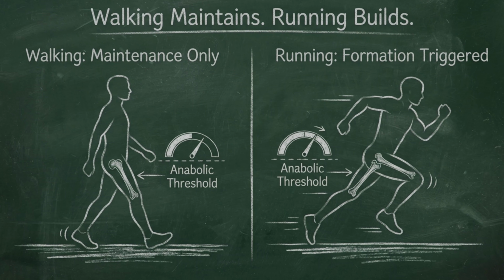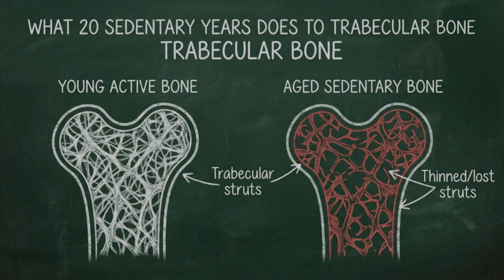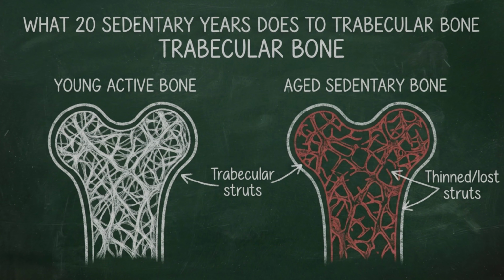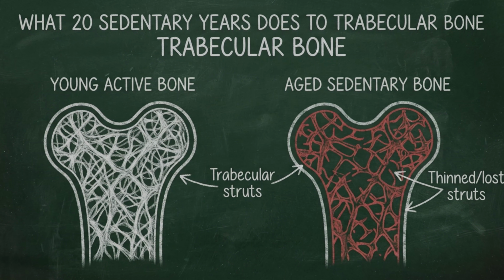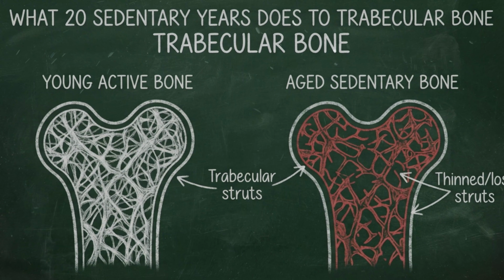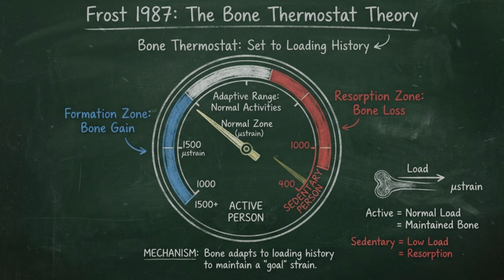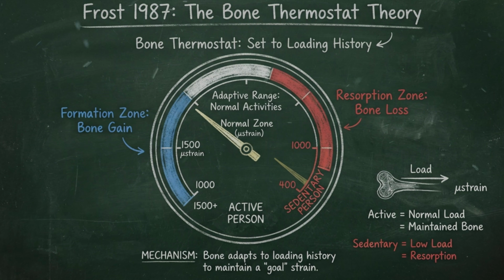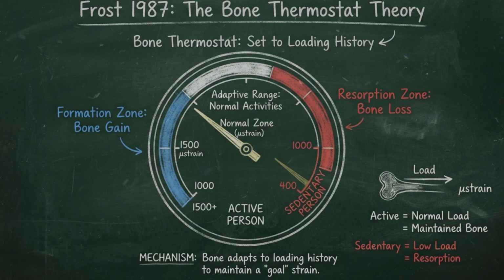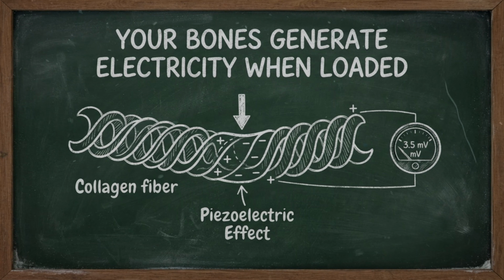Bone loss in astronauts begins within the first days of spaceflight and proceeds at approximately 1 to 2% per month in the lumbar spine and proximal femur, regions of high trabecular bone content that are particularly sensitive to the mechanostat's response to absent loading. A 6-month mission produces bone loss equivalent to approximately 10 years of postmenopausal age-related bone density decline on Earth.